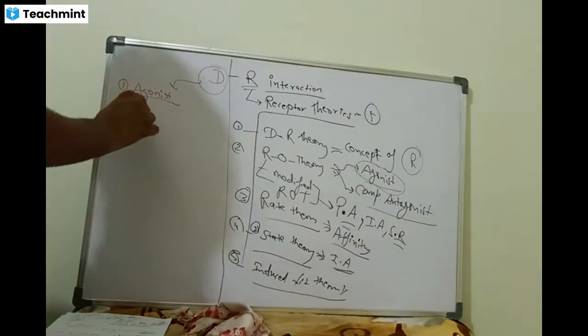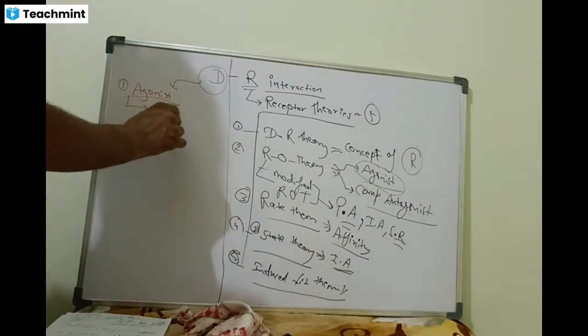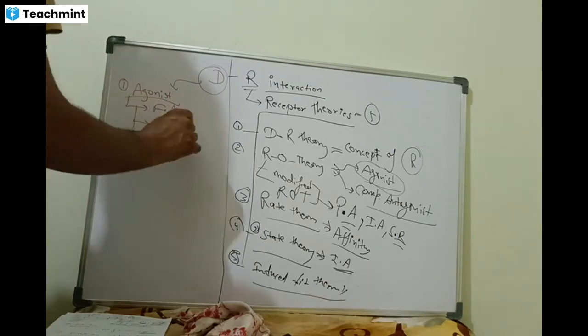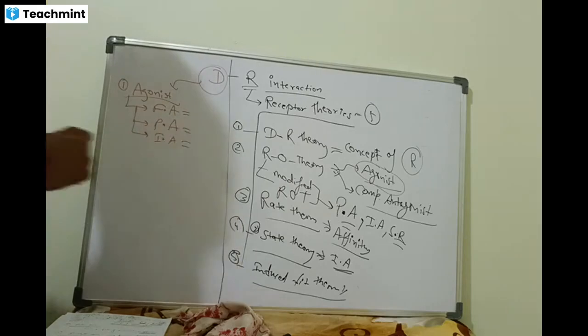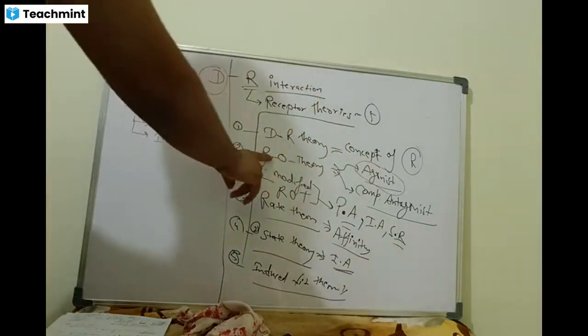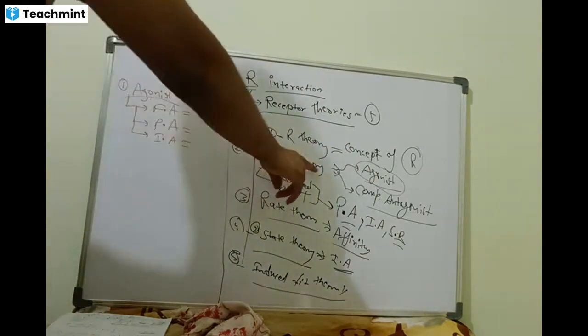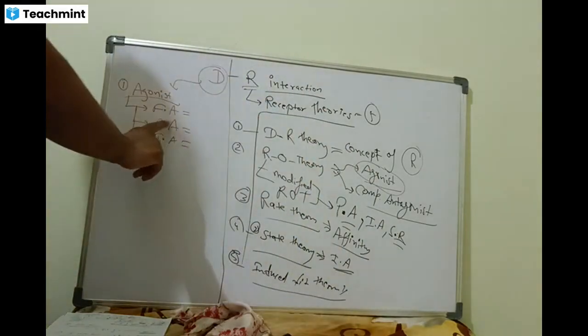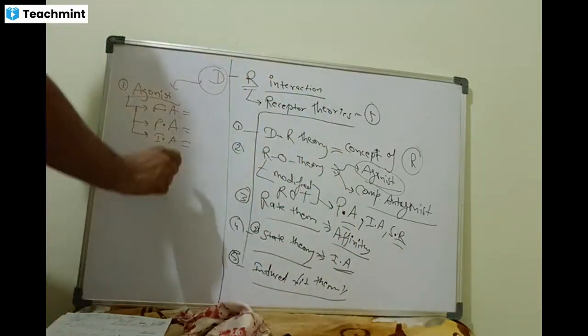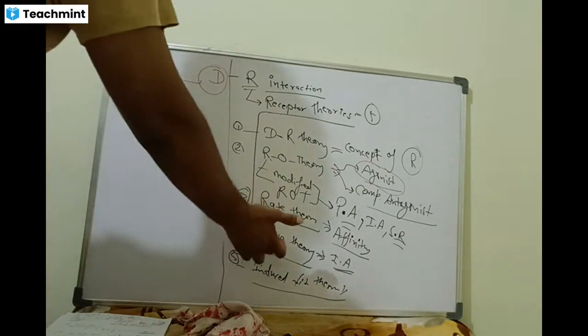So agonist may be of three types: full agonist, partial agonist, and inverse agonist. Full agonist means the agonist that evolved from receptor occupancy theory, partial agonist from modified receptor occupancy theory, and inverse agonist from two-state theory.